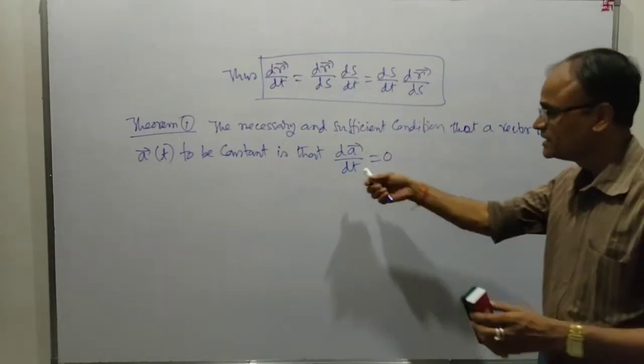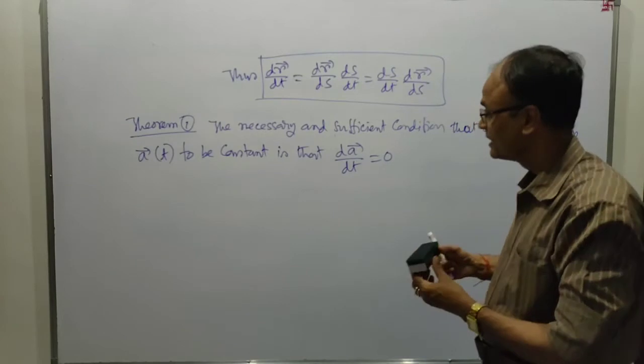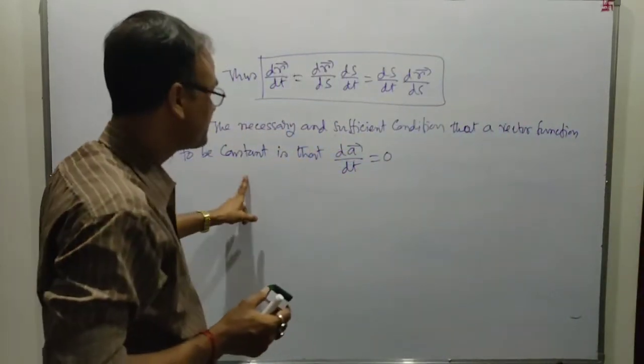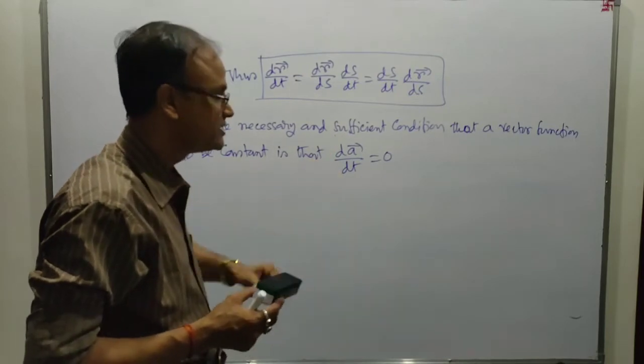This means the vector is independent of t. A vector is a constant vector if dA vector by dt equals 0.